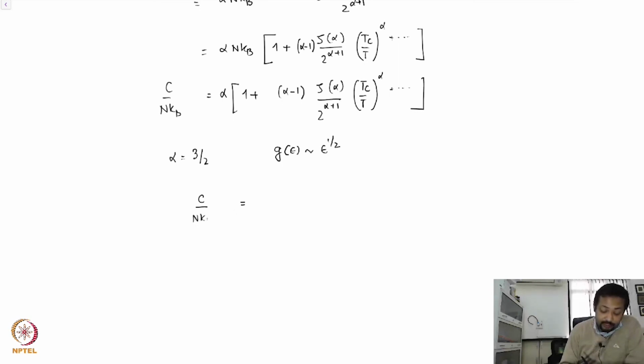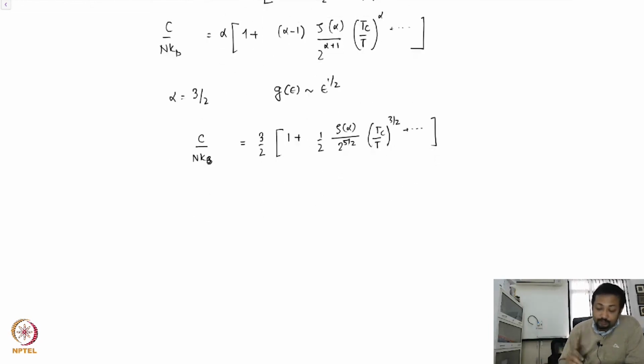I have C over n k_B is going to be 3/2 times 1 plus half zeta half 2 to the power 5/2 plus Tc over T, times Tc over T raised to the power 3/2, and higher order terms.